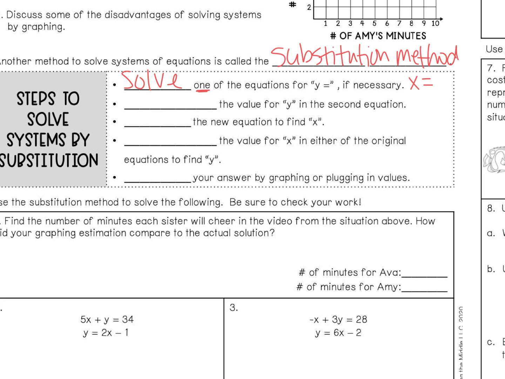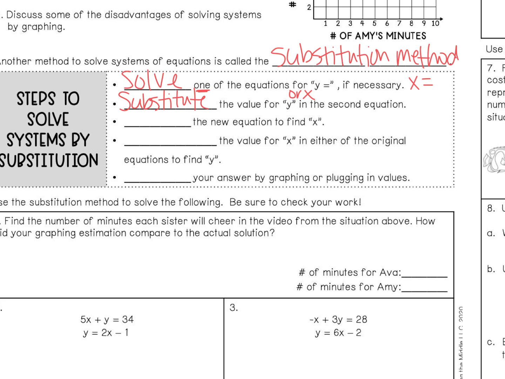After we've figured out a y equals or an x equals, we're going to substitute that whole expression that equals y or x into our second equation. So this is not going to make a ton of sense. We're just going to write it out, and then we'll actually apply it, and it will make sense.